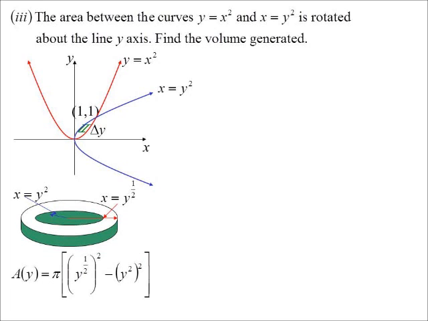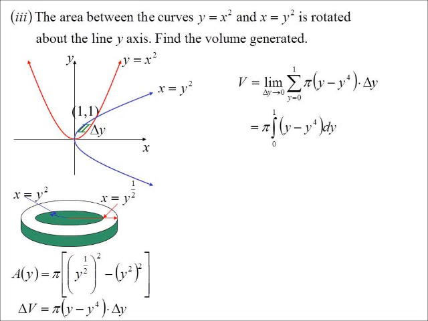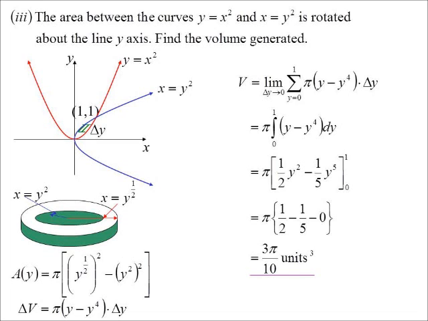So my area here will be pi times the outside radius squared minus the inside radius squared, creating our element of volume. Tidying it up we get pi times (y minus y to the 4). And so it's the y value, so we're going from 0 up to 1, and we integrate, and eventually bingo, come up with our answer of 3 pi on 10.